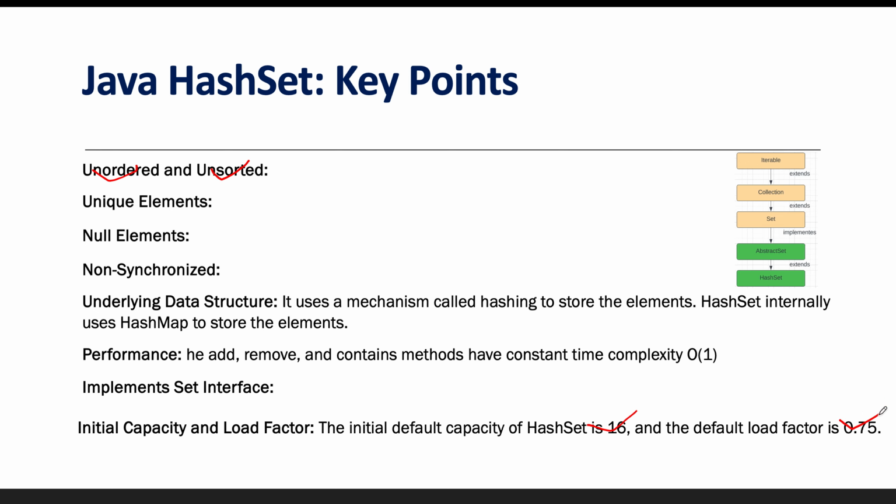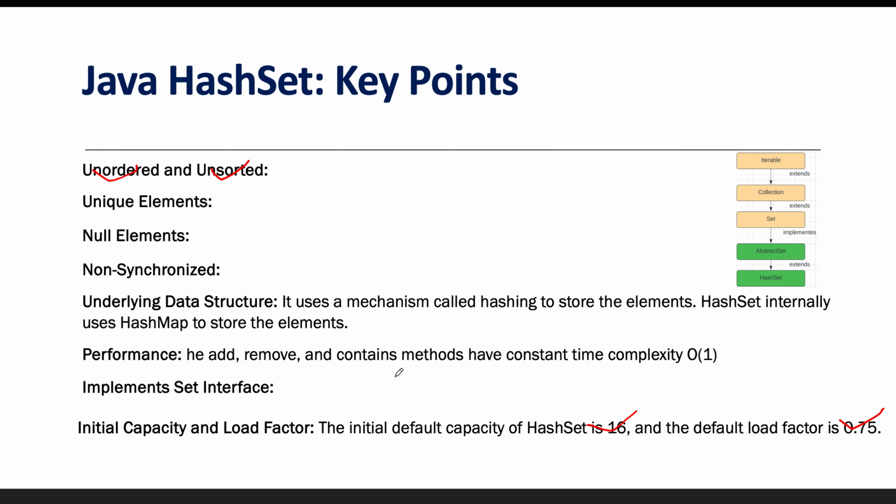By default Java provides 0.75, meaning after it is 75% full it is going to increase the size. Similarly, after removal of elements, if it falls below 75%, it is going to decrease the size, updating it to 16 again. So these are some of the key points that we need to know about HashSet.